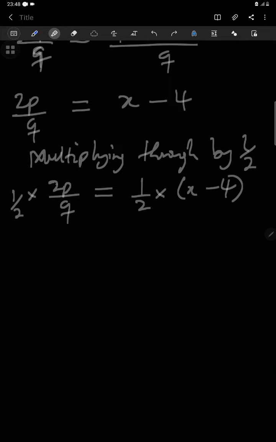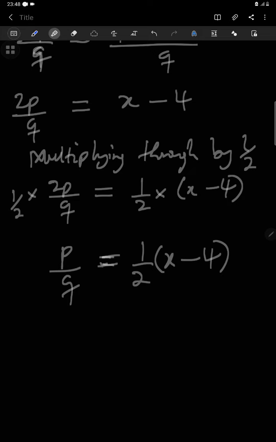Instead of saying you are multiplying both sides by half, you can say you divide both sides by 2. It's the same thing, student. If you divide both sides by 2, it's the same principle. So I'll get half times x minus 4. That's all.